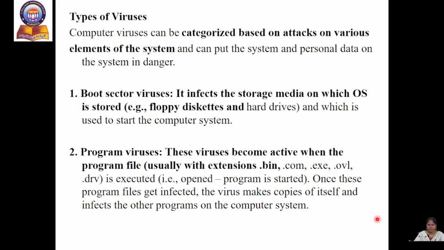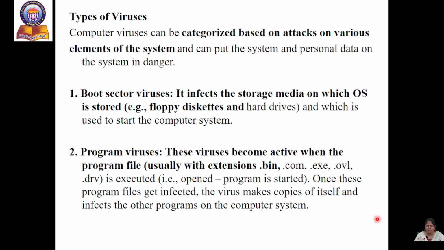And coming to the types of virus, computer viruses can be categorized based on the attacks on various elements of the system, and can put the system and the personal data on the system in danger. The first one is the boot sector virus. It infects the storage media on which the operating system is stored, like floppy diskettes and hard drives, which is used to start the computer, right?